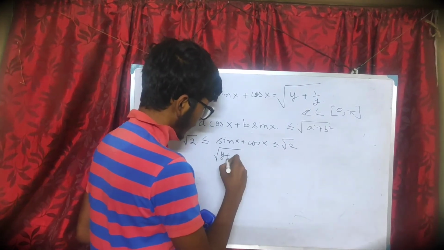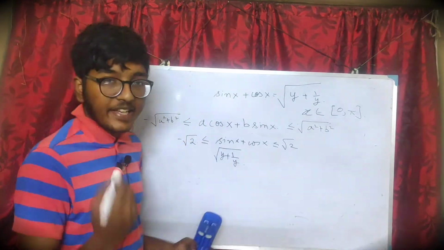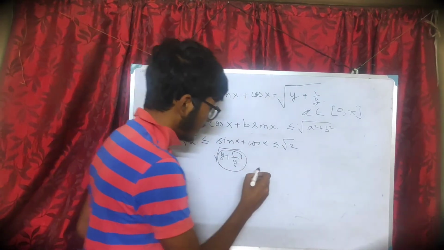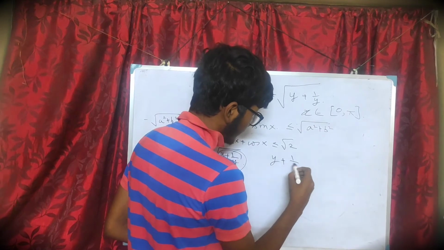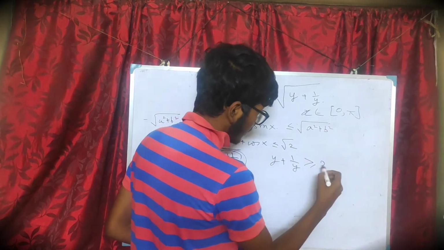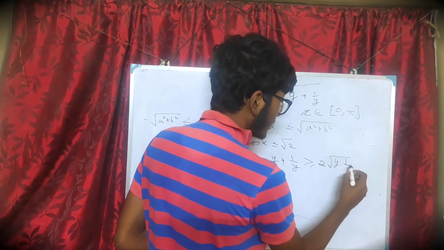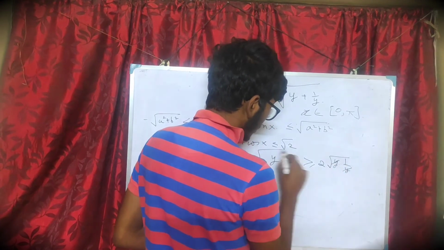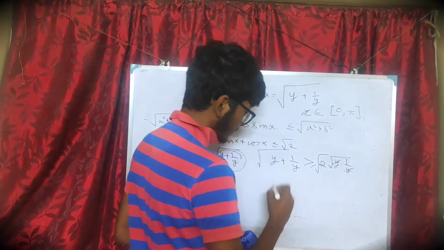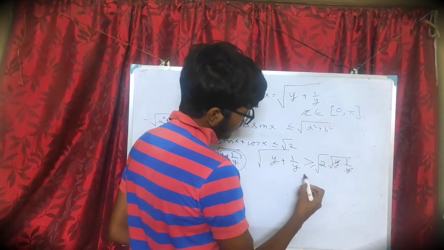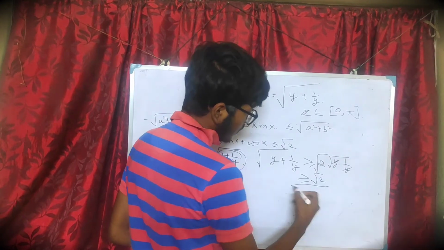It's like this, right? If we apply the AM-GM inequality here, y plus 1 by y is greater than or equal to 2 root under y into 1 by y, so this would be greater than or equal to root 2.